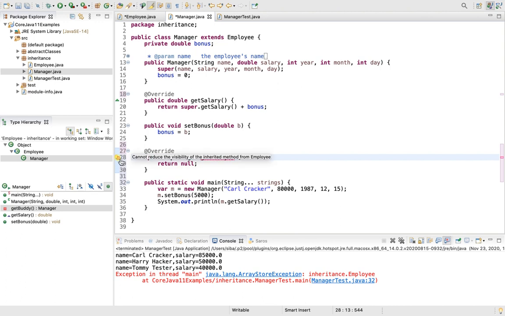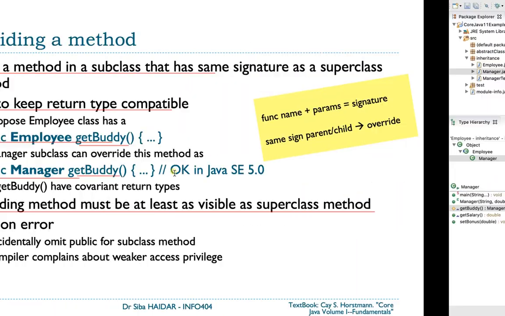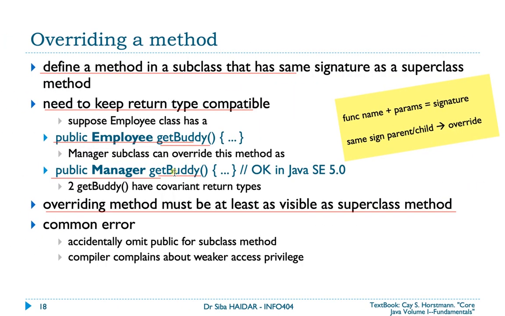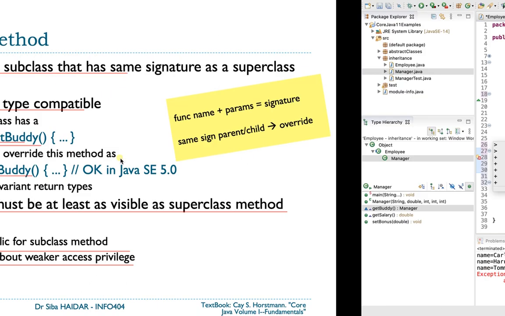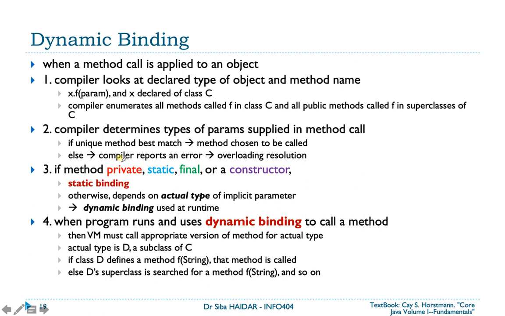You cannot reduce the visibility of the inherited method from Employee. Okay. So common errors are what? Common errors are when you accidentally omit public for a subclass method and the compiler complains about the weaker access privilege. Look, for example, you accidentally remove this, and this is what I showed you.